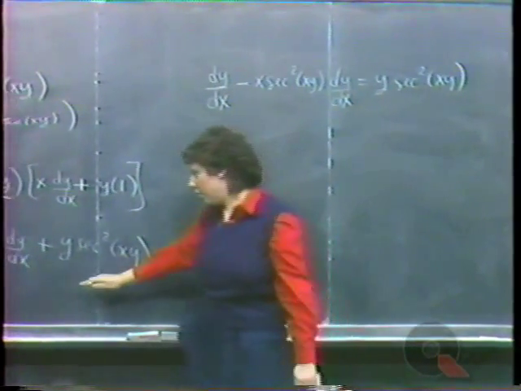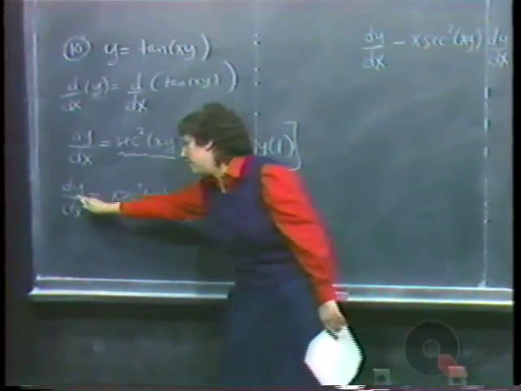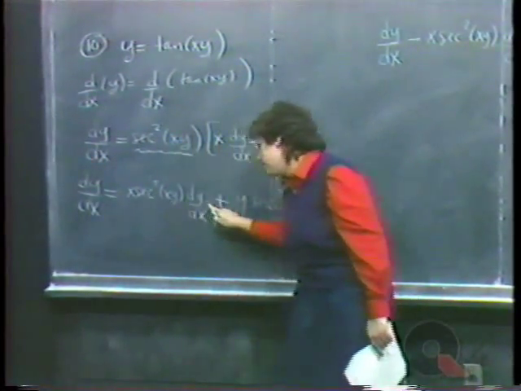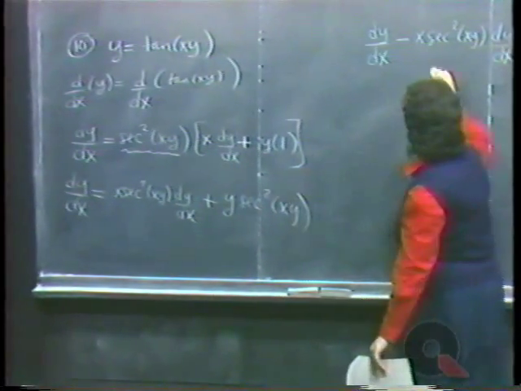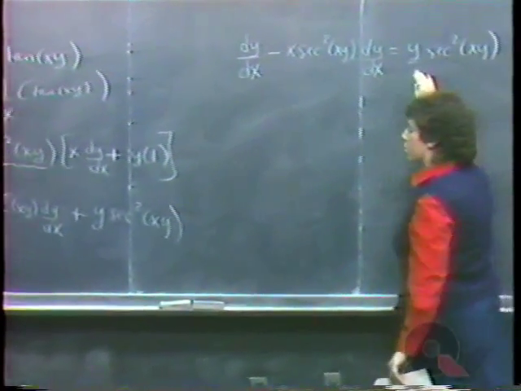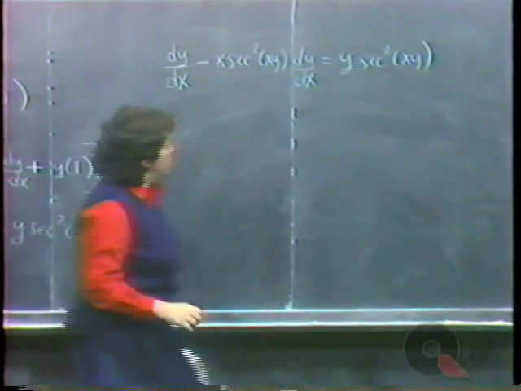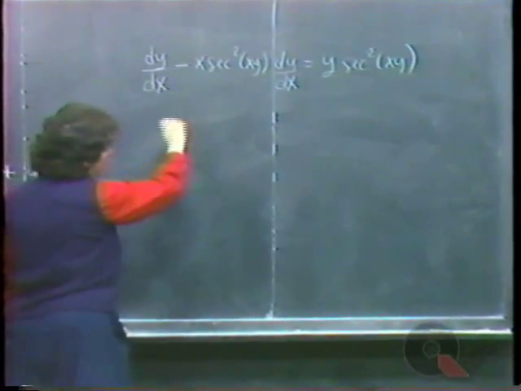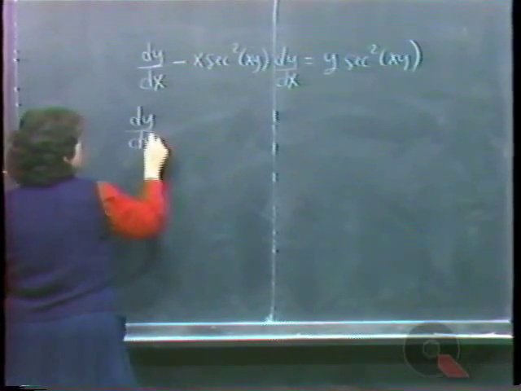Looking back over here, all I did was transpose this term to the other side. So I have dy dx minus this equals that. Dy dx minus x secant squared xy dy dx equals y secant squared xy. Now, since every term on the left side of the equation has a dy dx, let's factor out the dy dx.